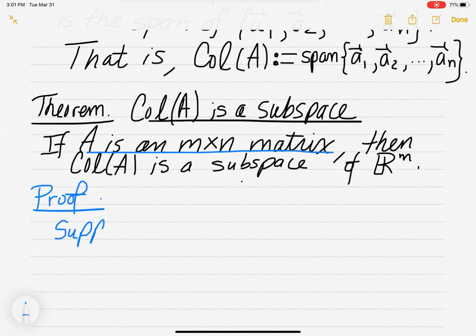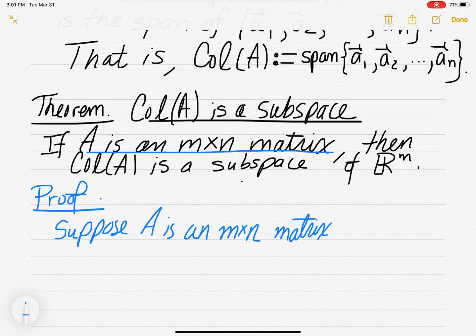Suppose A is an m by n matrix. Let's say capital A has n columns, right? We know it has n columns, with columns 1, 2 through n, A1, A2 through AN. So that's the form of the matrix with columns 1 through n.